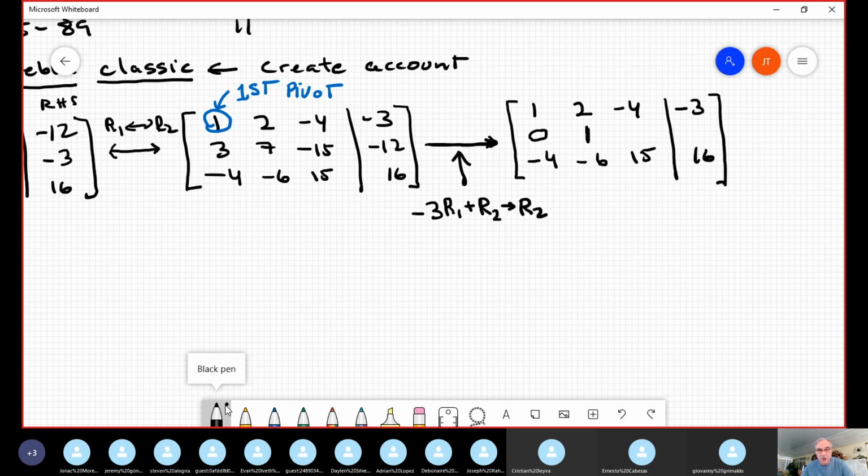Plus row 2 in the second position, which is 7. And -6 plus 7 is 1. Now the third one: -4 times -3 is +12. And +12 minus 15 is -3.